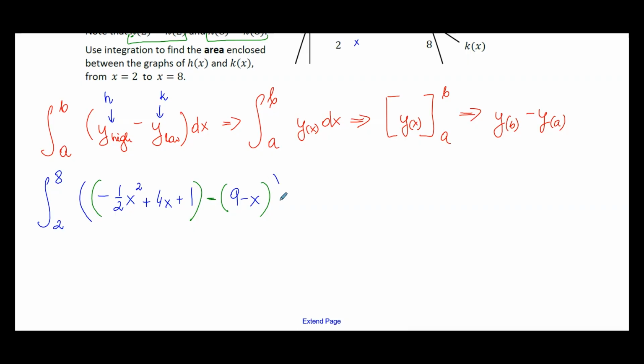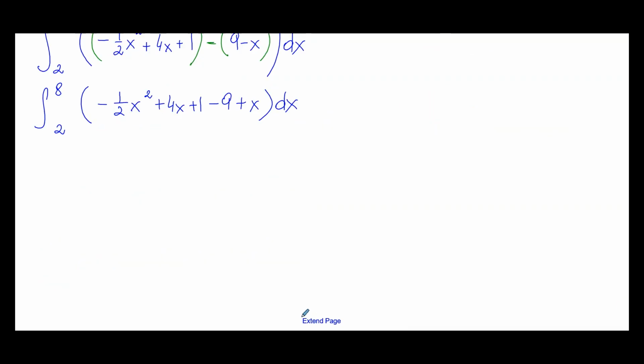First, let's deal with taking it away. So we are saying 8, 2, and let's remove that minus, meaning changing the signs here. So minus a half x to the power of 2 plus 4x plus 1. First one we just copy, and then the next one we change the sign: minus 9 plus x.